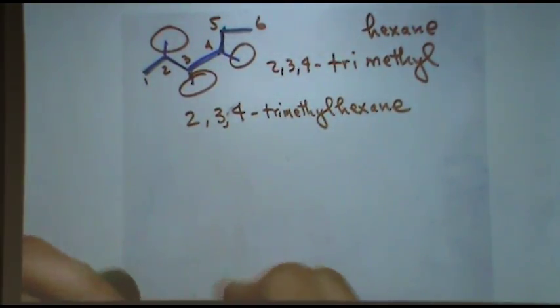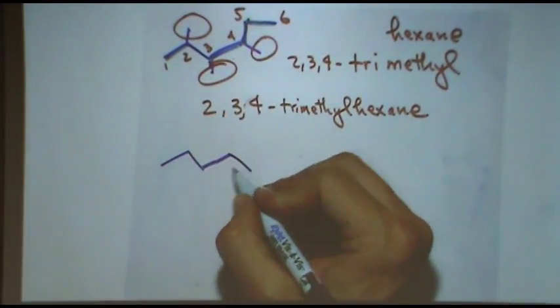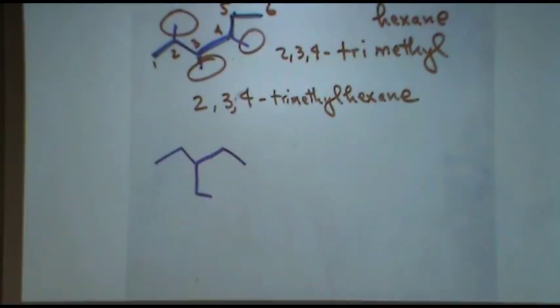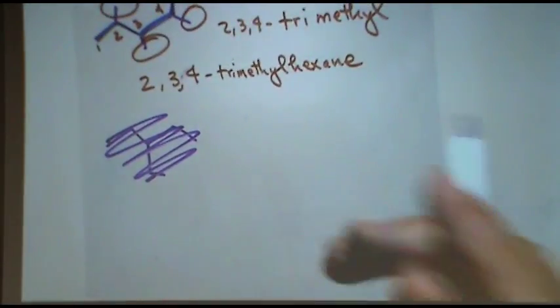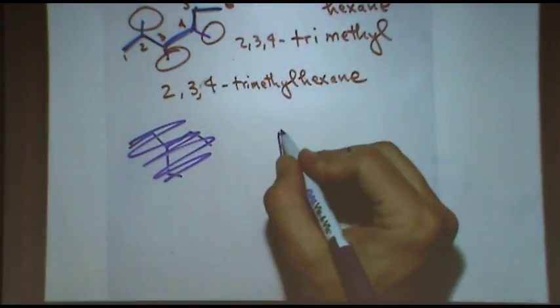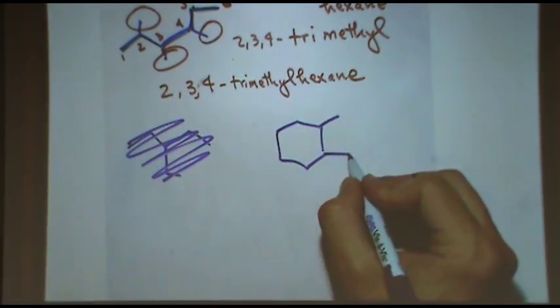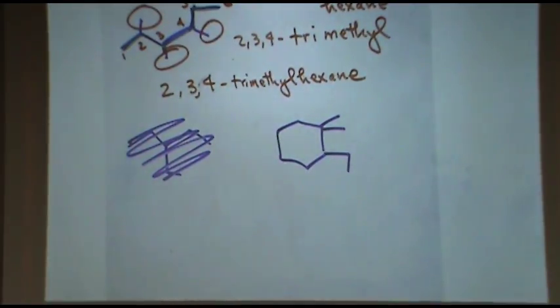You want to do another one? Okay, second one. Any questions on this one? Well, let me draw one here and I'll see if you have any questions. Oh, they want a ring. You like that?